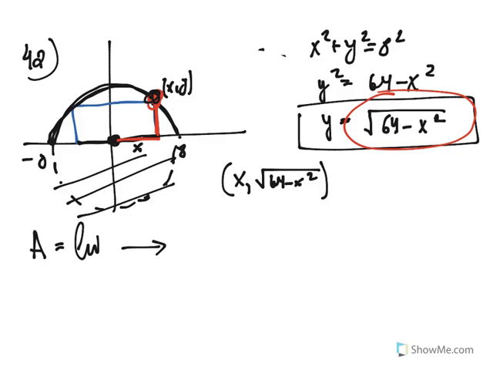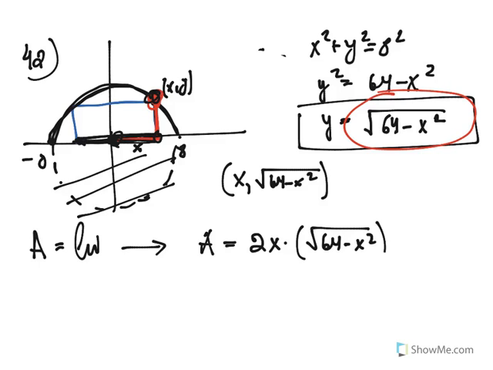So in this case, the whole base would be 2x, right? You double this distance. So area equals 2x times the y length, which is the square root of 64 minus x squared, right?